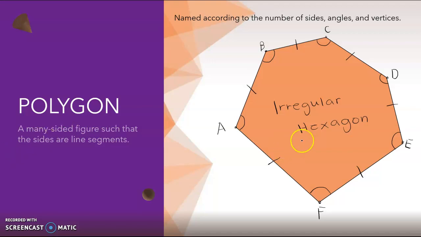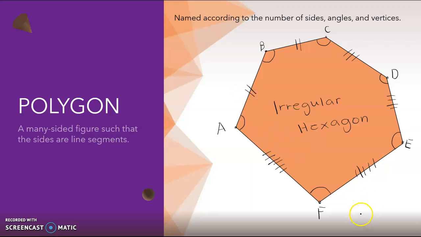We can show that each side is a different length by marking the sides with different marks. If two sides are the same length, we would mark them with the same mark.